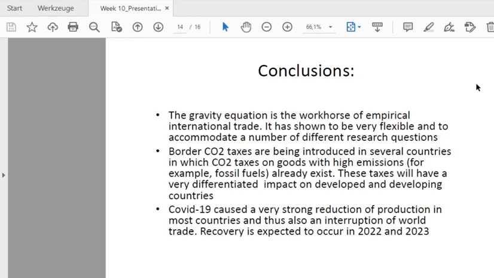I mentioned before that the impact is very similar to a tariff. And as we also learned from the WTO, tariffs are there to be negotiated, and they're not there just to generate income for the government.